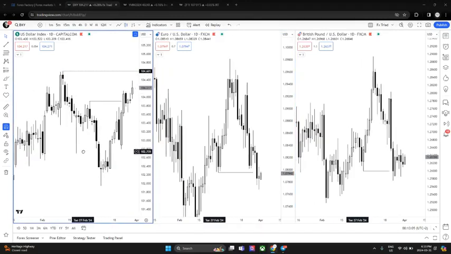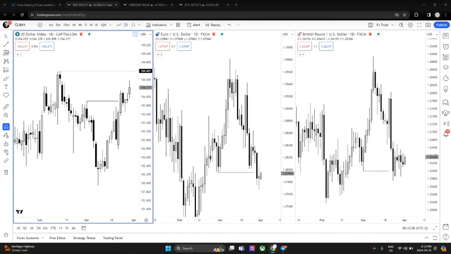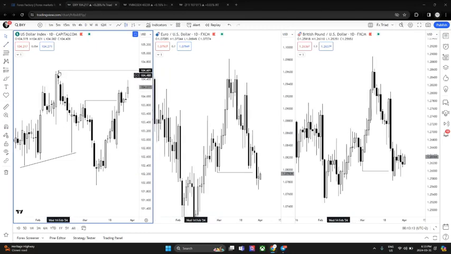Another thing, if you look here for the US dollar, and this is very important: here we had sequential SMT before price fell. So sequential SMT, price dropped and cleared these lows. Why?